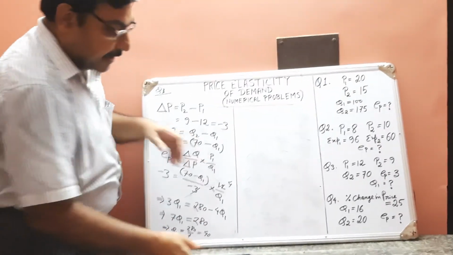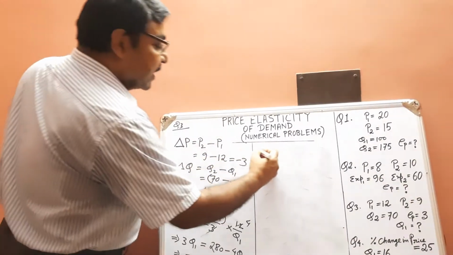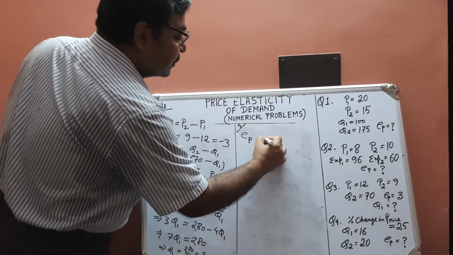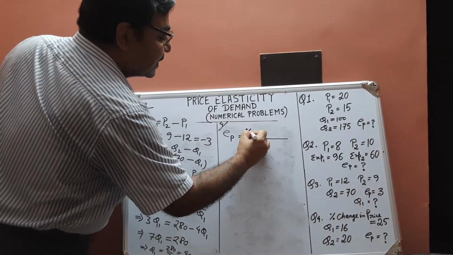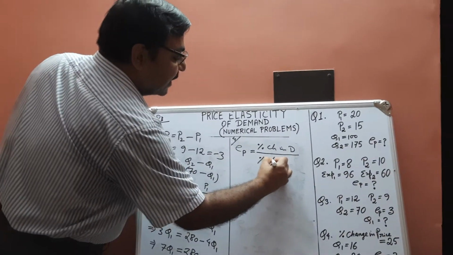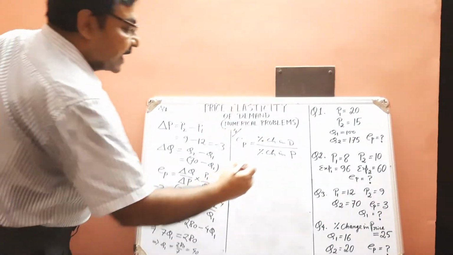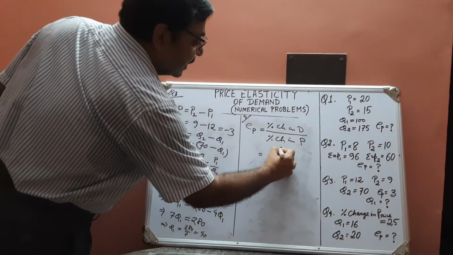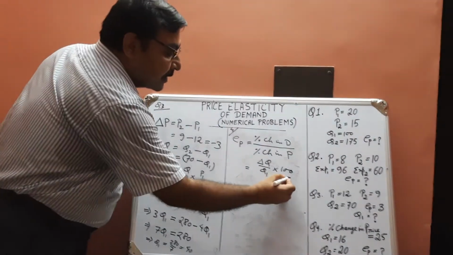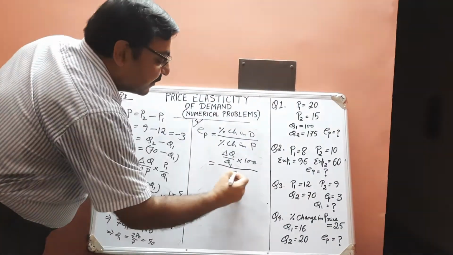But whenever information is given in percentage form, we will use the original formula, which is EP equal to percentage change in demand divided by percentage change in price. Percentage change in demand is equal to delta Q by Q1 into 100, and percentage change in price is given as 25.